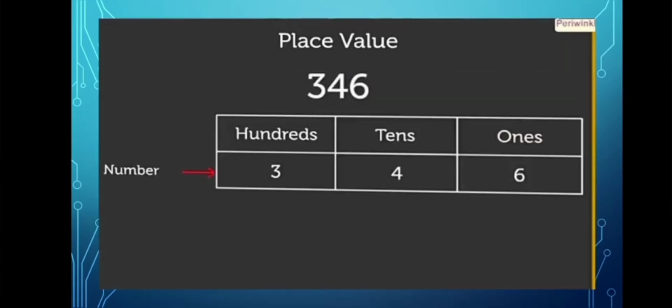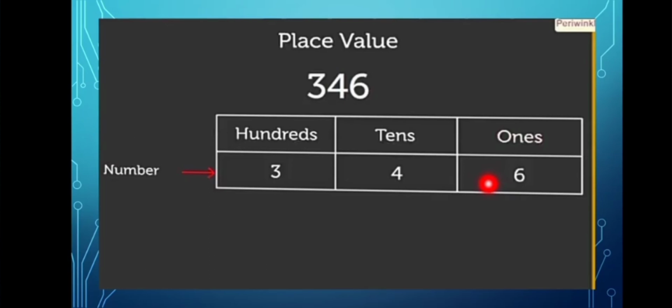Now we will take one example. We have a number 346. We will write this number in the place value chart as number 3 in the hundreds column, number 4 in the tens column, and number 6 in the ones column.